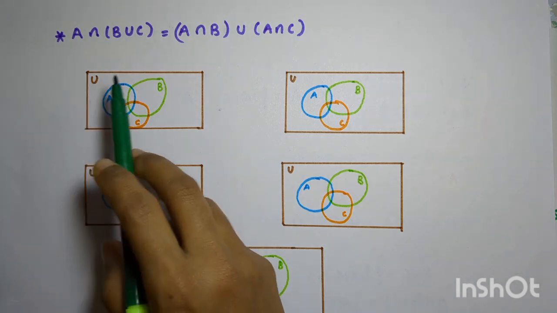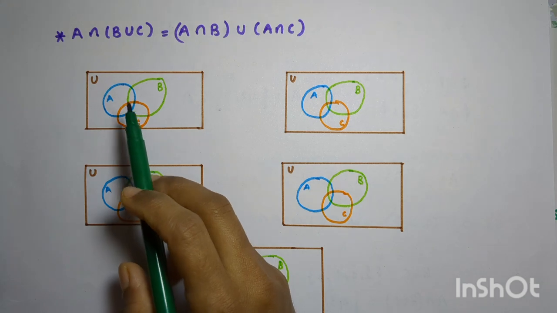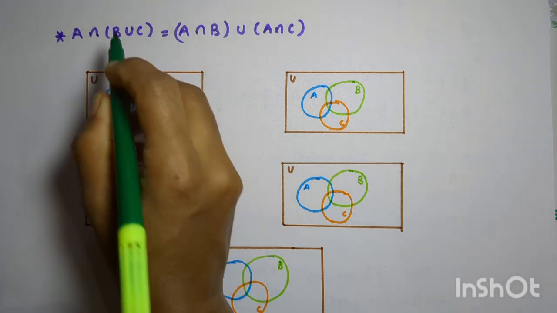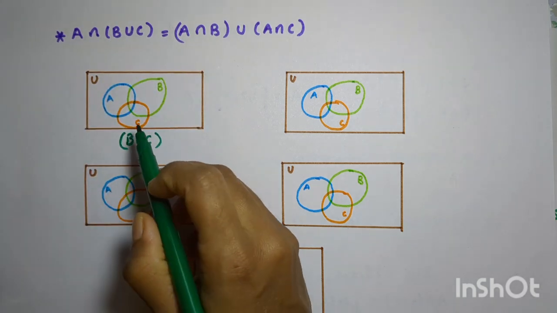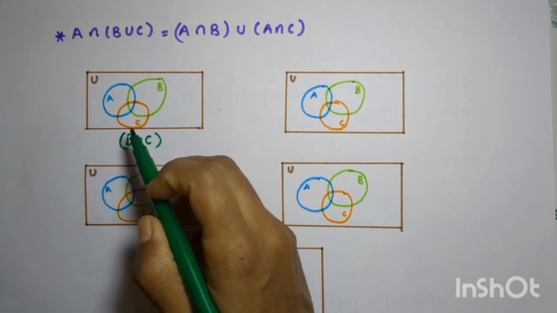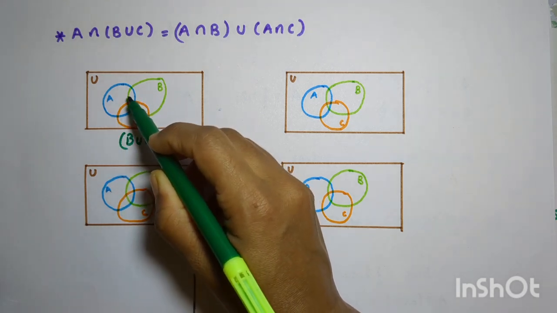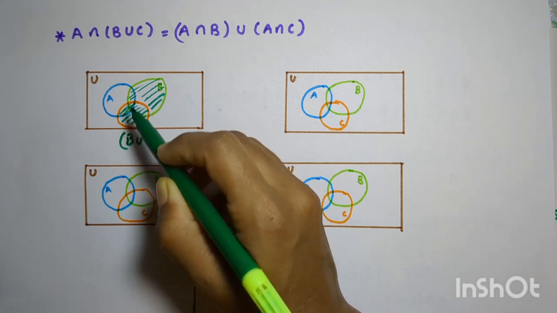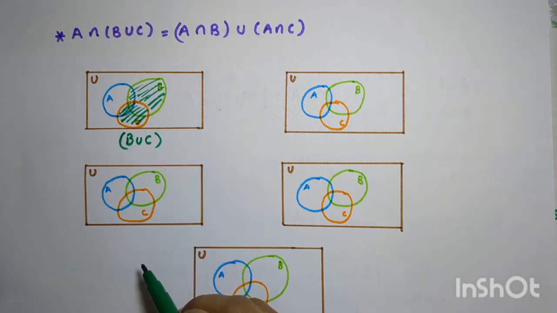Here this rectangle is the universal set, and I have considered 3 sets: set A, set B and set C. If we consider B union C, we have to consider all the elements in B as well as in C. So you have to shade all the portions of B and all the portions of C. This shaded portion represents B union C.